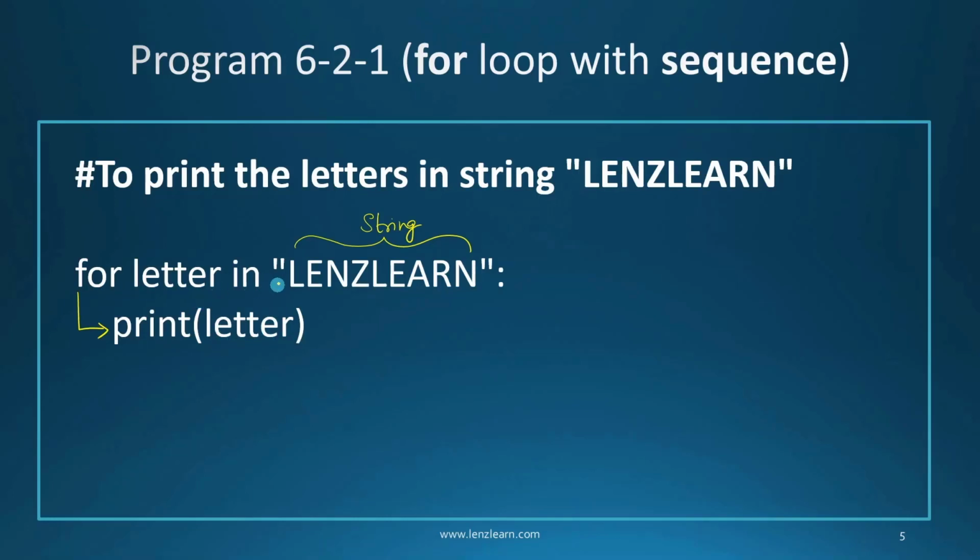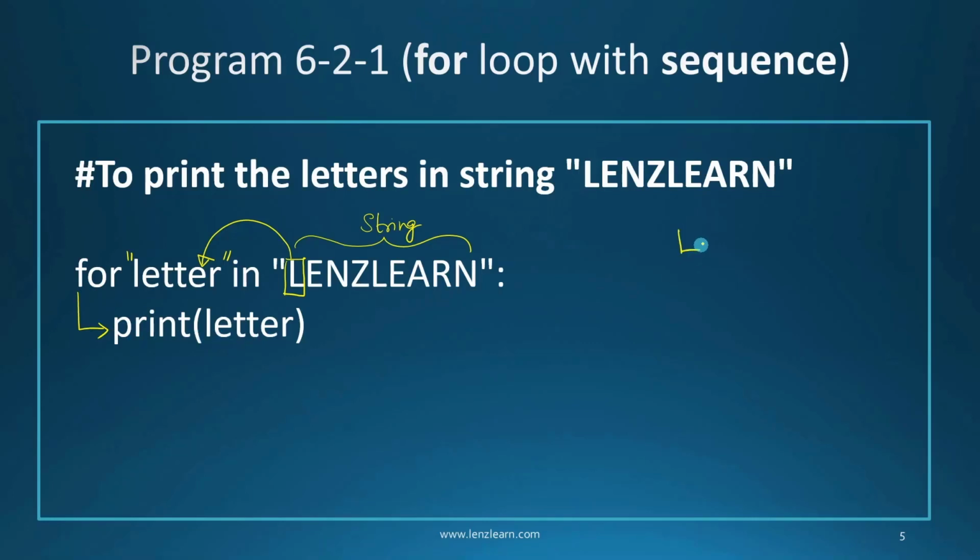First, the for loop will take the first character from the string, and that character will be loaded into the control variable. Here you should understand the control variable for us is this variable named letter. Now inside the for loop I will print the value of letter.